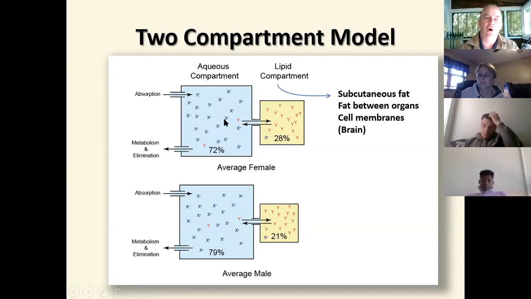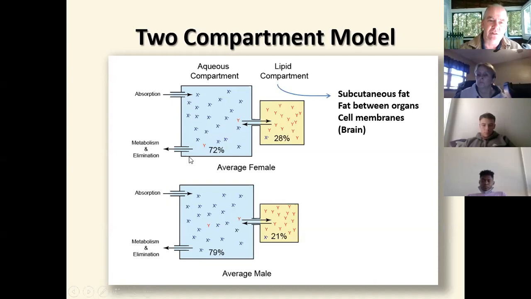Now, elimination only happens from the water compartment. We'll talk about that more today. So as you lose, say, 1 milligram from here, another milligram is going to come out and replace that. So you had 90 and 10, and now you've still got 10, but you're down to 89. It'll always be in equilibrium between the two.